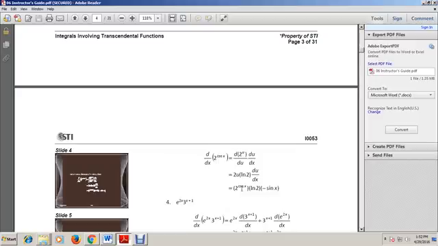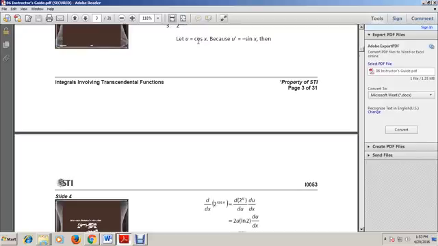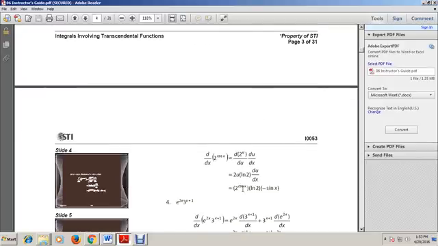Now, the next step that appears here is the replacement of the representation of u with its original representation as cosine x. So notice that it is 2 raised to cosine x, proving that this is actually a typographical error.